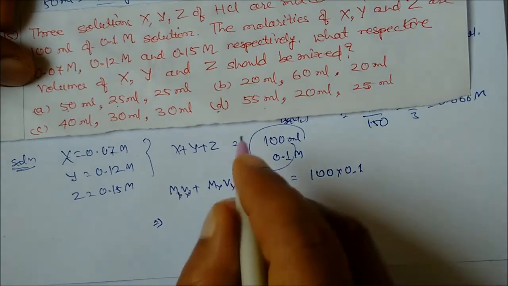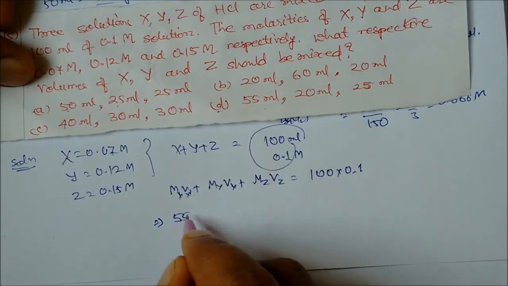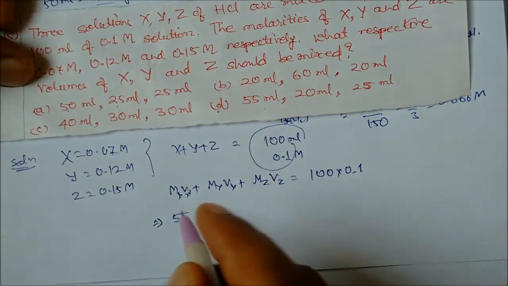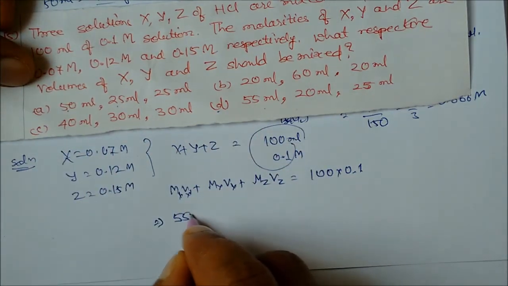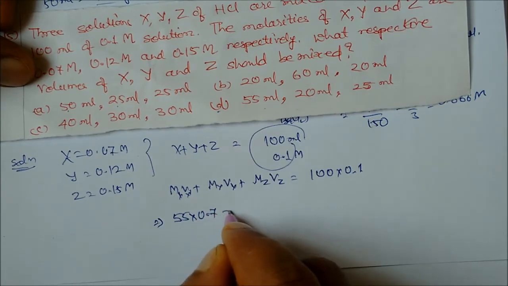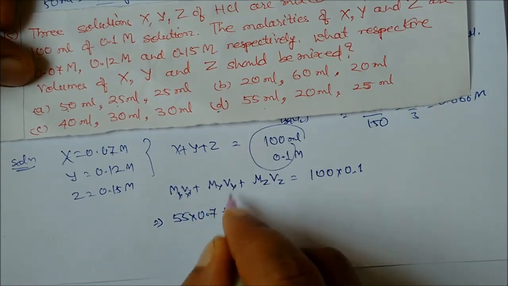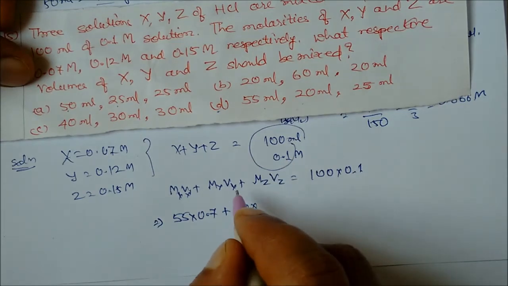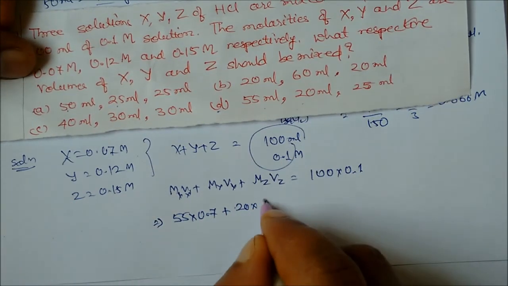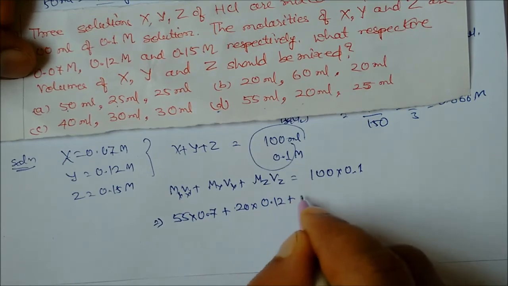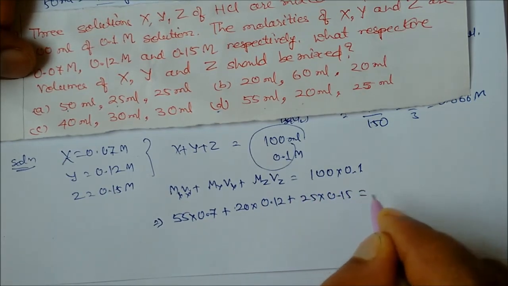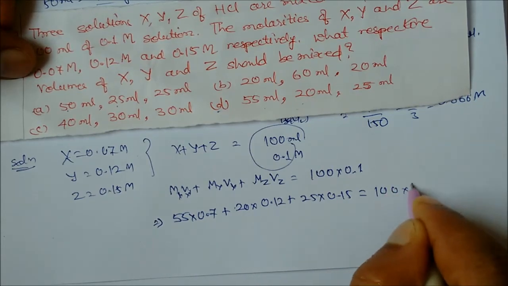Okay, so take this value, 55 I have solved earlier, so you have to solve each and every problem. So this is coming 55 into 0.07 plus volume is 20 ml, molarity is given 0.12, again volume is 25, molarity is given 0.15, and here 100 into 0.1.